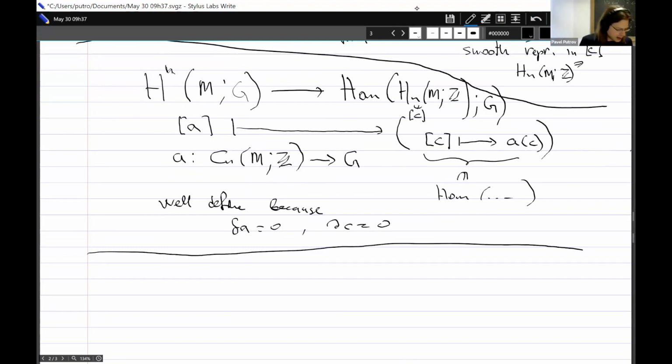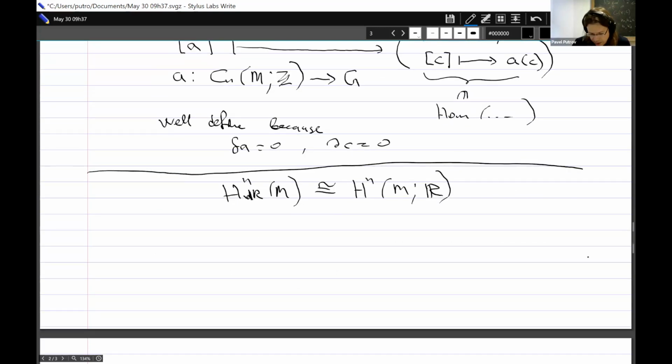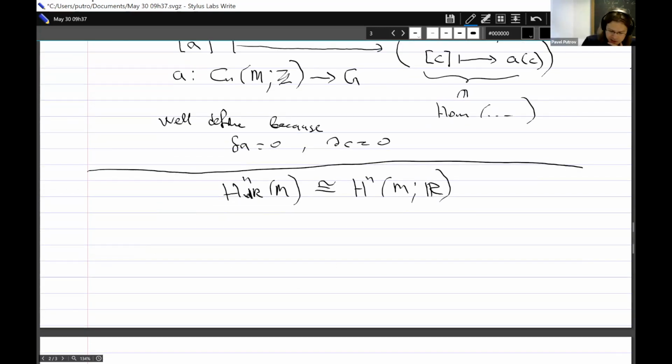In any case, the bottom line here is that there is an isomorphism between the de Rham cohomology of M and singular cohomology with R coefficients. And so you may think maybe this is, in a sense, nicer and more intuitive to work with.